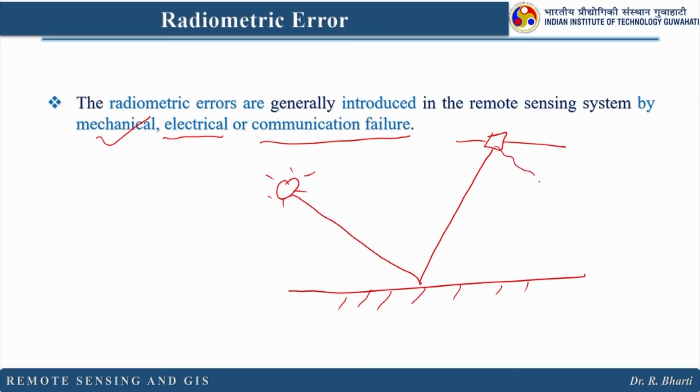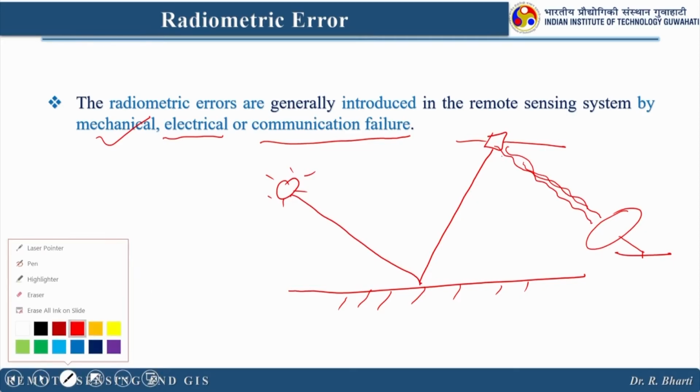It gets transmitted to our ground station, right. So in the ground station, if there is a communication failure, what happens for those particular pixels or those images which were being downloaded during this problem period? That may introduce error in your data.